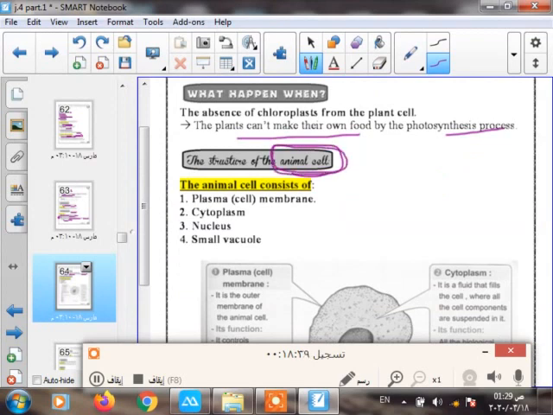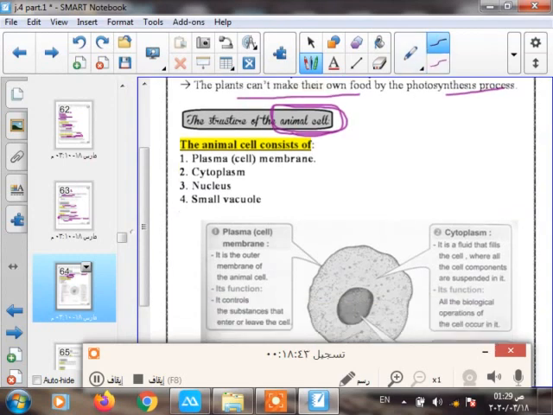The animal cell hasn't a cell wall. It has only a cell membrane or plasma membrane. It hasn't a cell wall like the plant cell. What is the function of the plasma membrane? It is the same function as the plasma membrane in the plant cell.